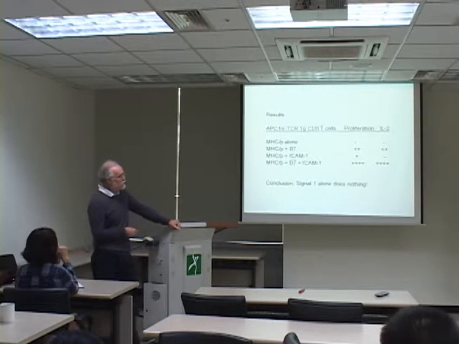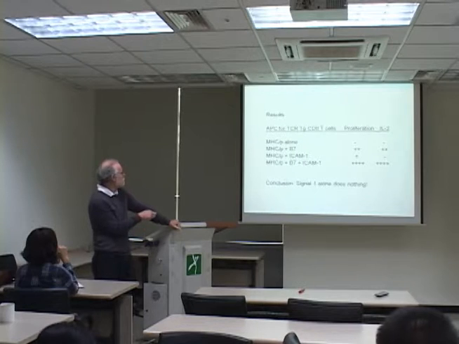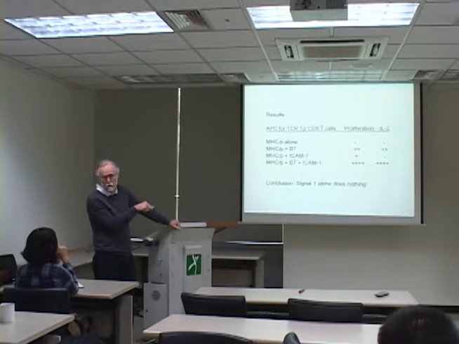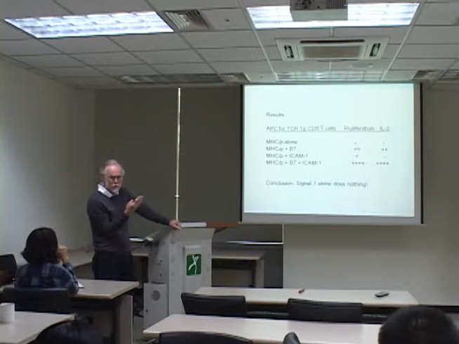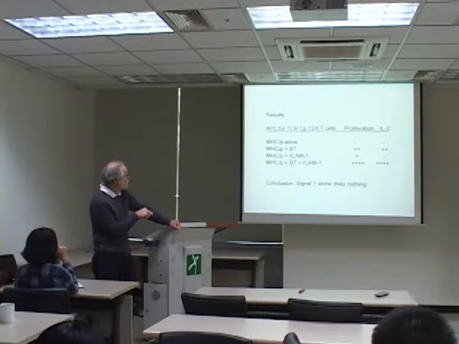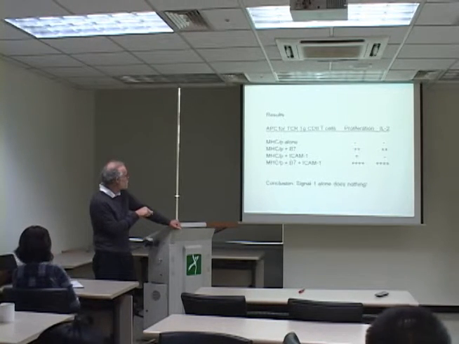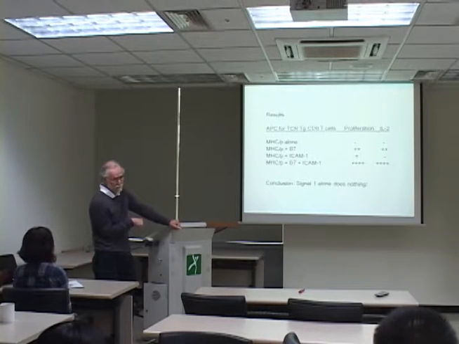Now, I may mention that this, of course, is a highly artificial approach, but you can use this approach to ask questions like, what does signal 1 alone do? But you can also use it for other things. And when I was doing this work at Scripps with these insect cells, a colleague of mine moved from Scripps to Johnson & Johnson, which was just across the road from Scripps.